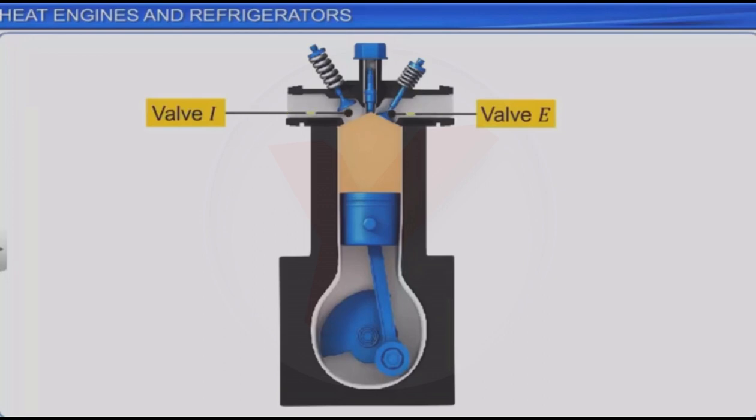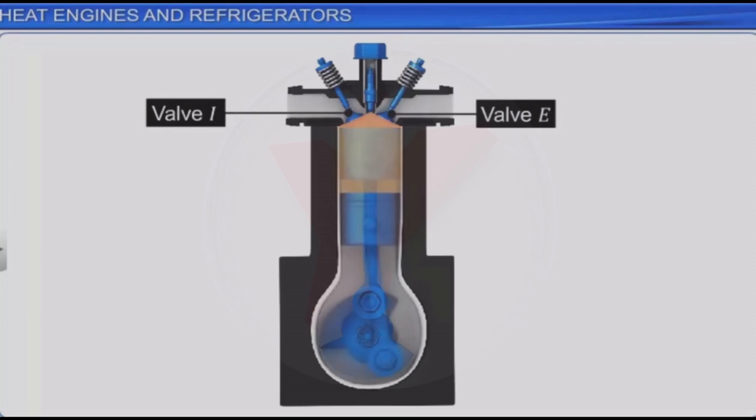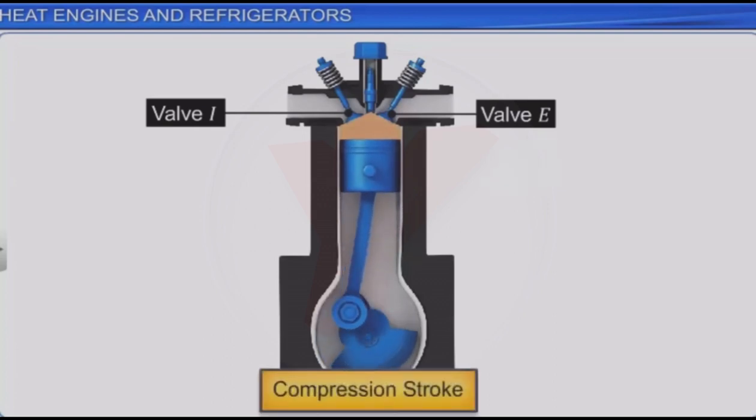Now, both the valves, I and E, are closed, and the piston moves up. The upward motion of the piston compresses the mixture of fuel and air to a high pressure, resulting in an increase in the temperature of the mixture to about 500 degrees Celsius. This motion of the piston is called the compression stroke.